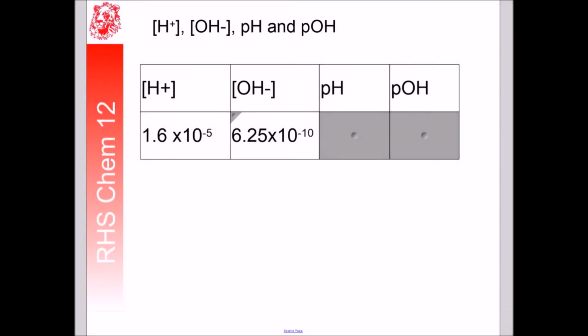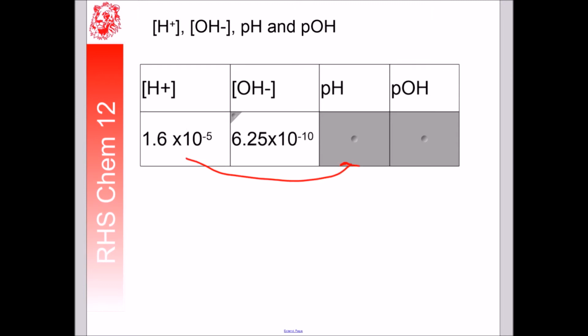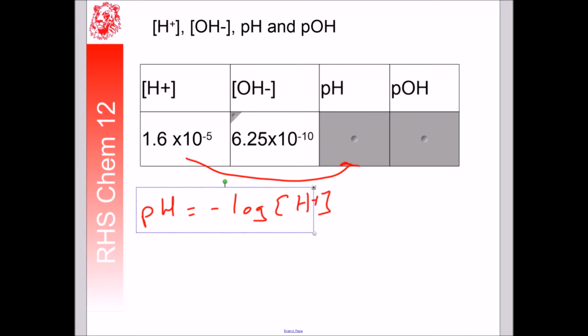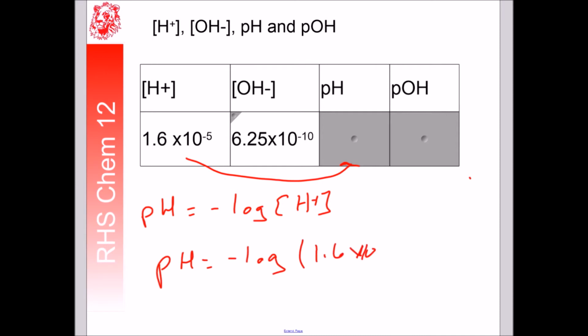Well, let's go from here to there. So the pH is equal to the negative log of the concentration of H plus. And so pH is equal to the negative log of 1.6 times 10 to the negative 5.